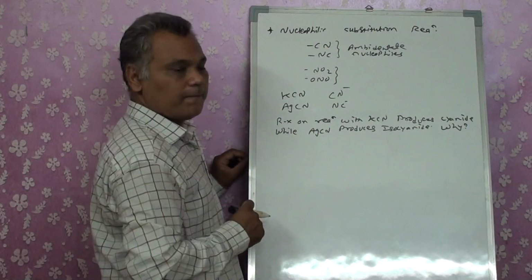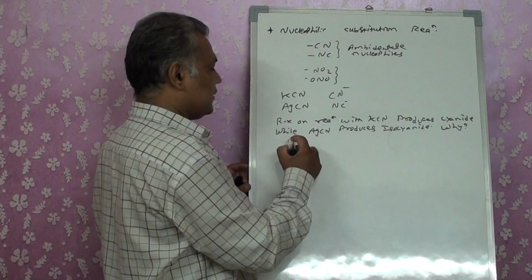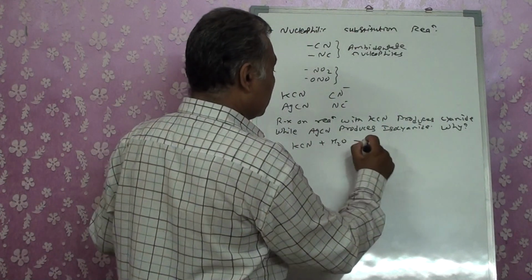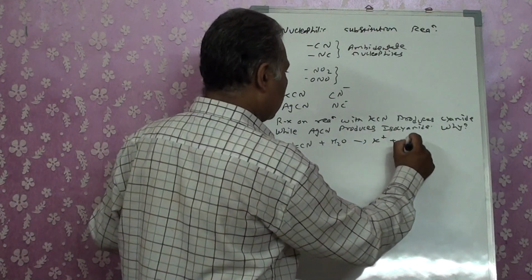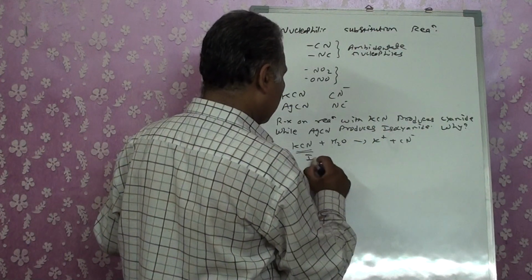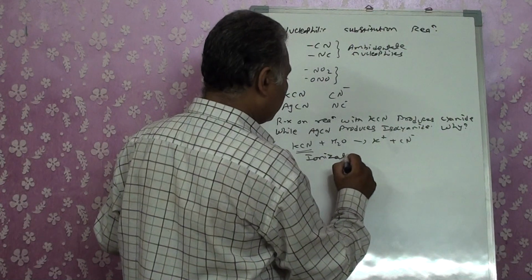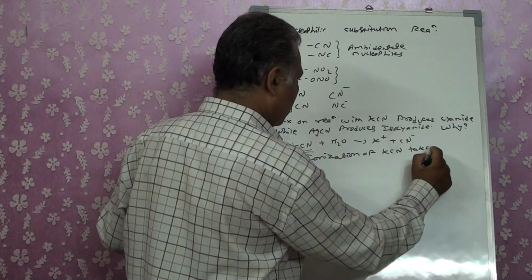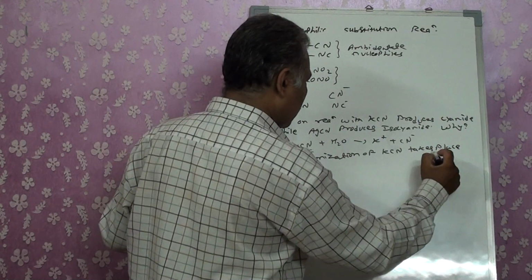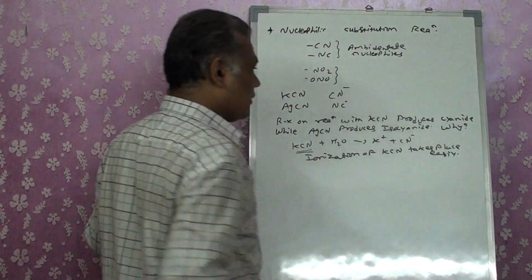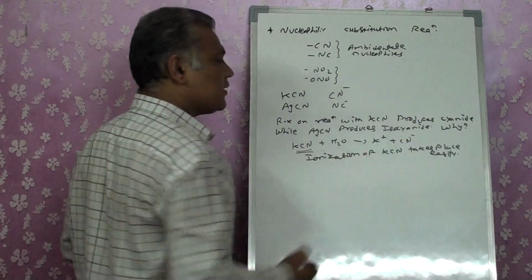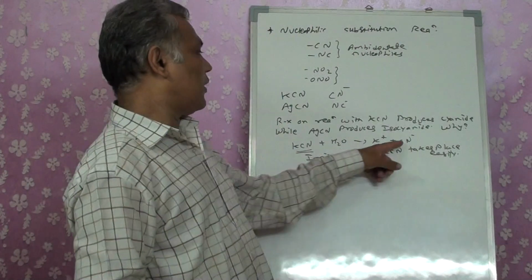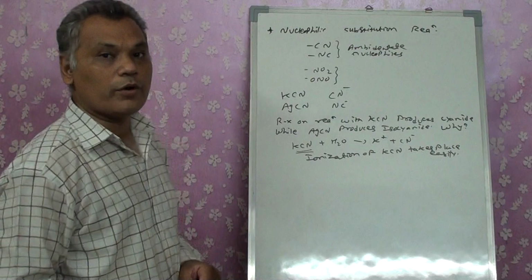Why do they change? The reason is KCN plus water goes to K plus and CN minus. That is, ionization of KCN takes place easily. That means it produces CN minus, so you get carbon getting bonded to it.